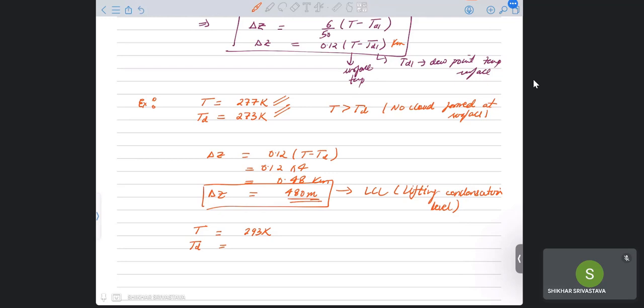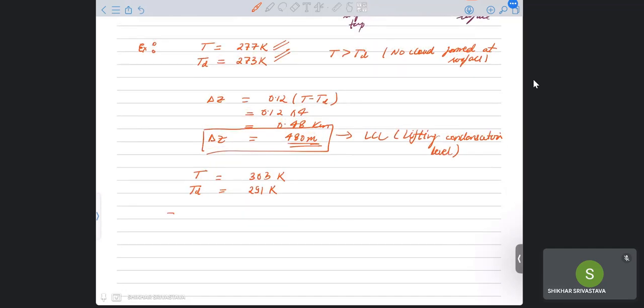This is a typical summer in India: the temperature is 303 Kelvin and the dew point is 18 degrees centigrade, which is 291. So you can just calculate at what height the cloud will start forming, or the LCL will be.